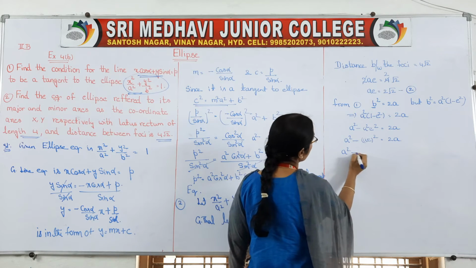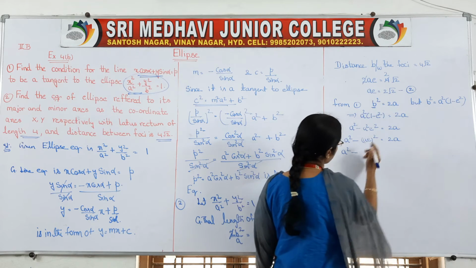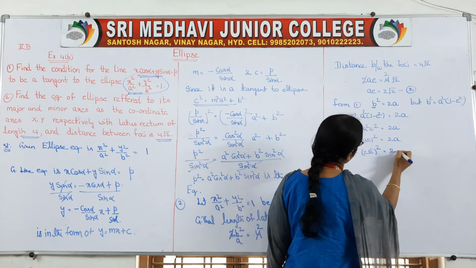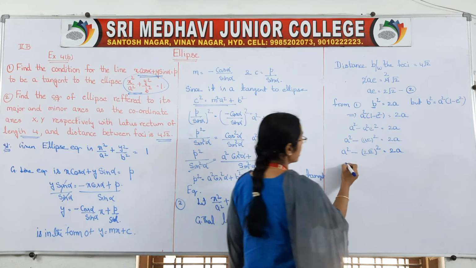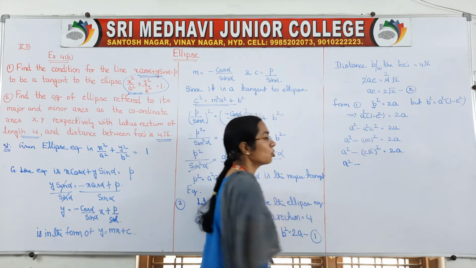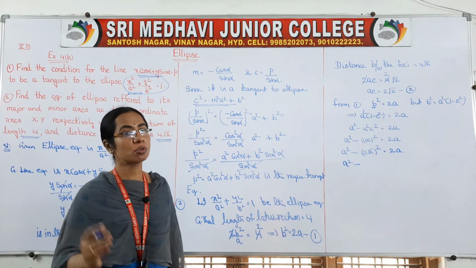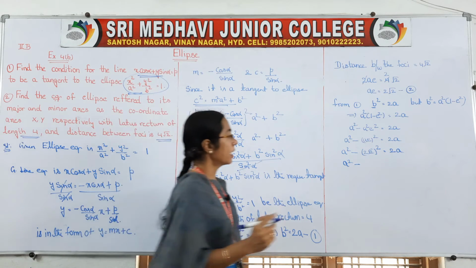So a square minus, from 2, what is ae? It is 2 root 2, right? 2 root 2 whole square is equal to 2a. So a square minus 2 root 2 whole square: 2 root 2 into 2 root 2, 2 2s are 4, root 2 into root 2 is 2, 4 2s are 8.